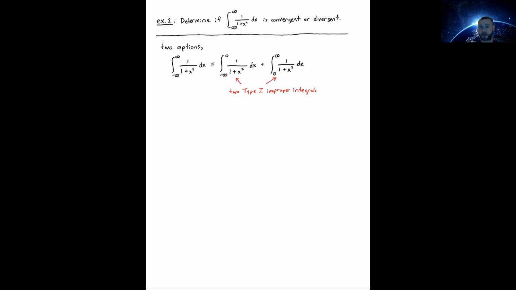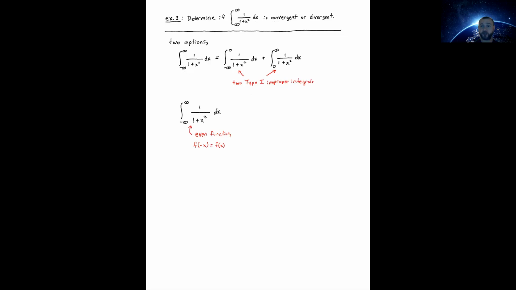And we could evaluate them similarly to what we did in example 1, replacing the infinities with t, and then taking respective limits as t approaches negative infinity, and the second integral as t approaches positive infinity. Now that will work, but notice you have two integrals to deal with rather than one.